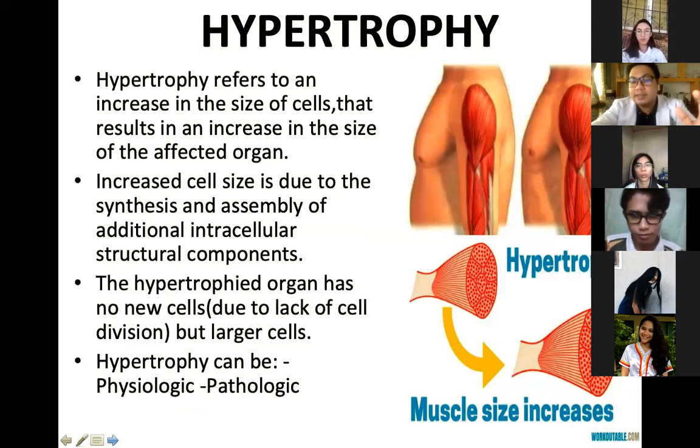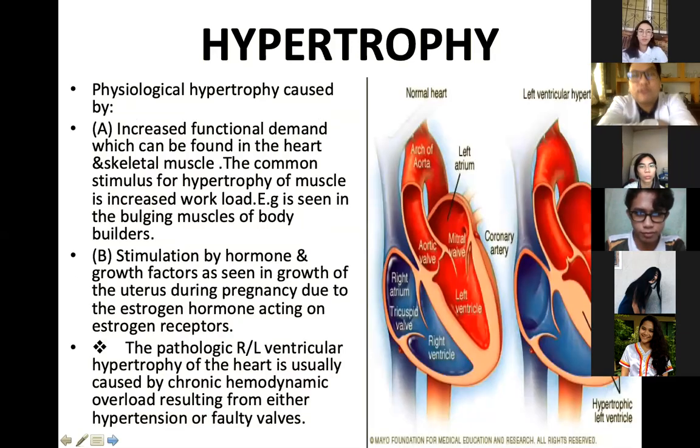So larger cells is equivalent to larger organ. So hypertrophied cells is equivalent to larger organs also. So for pathologic hypertrophy, ito yung example.